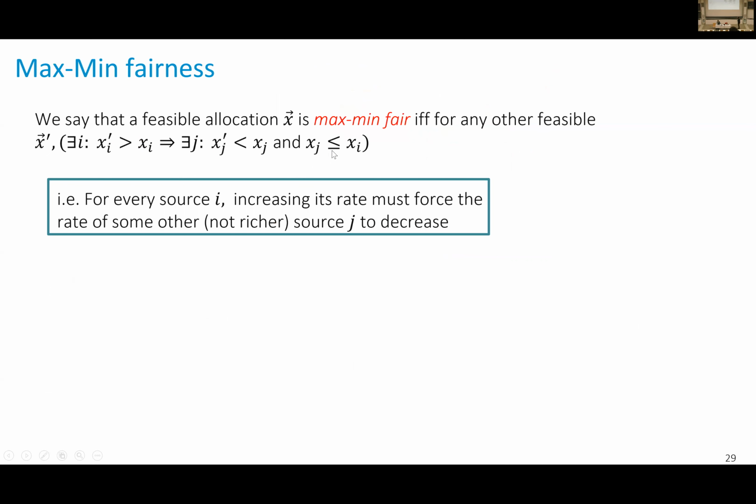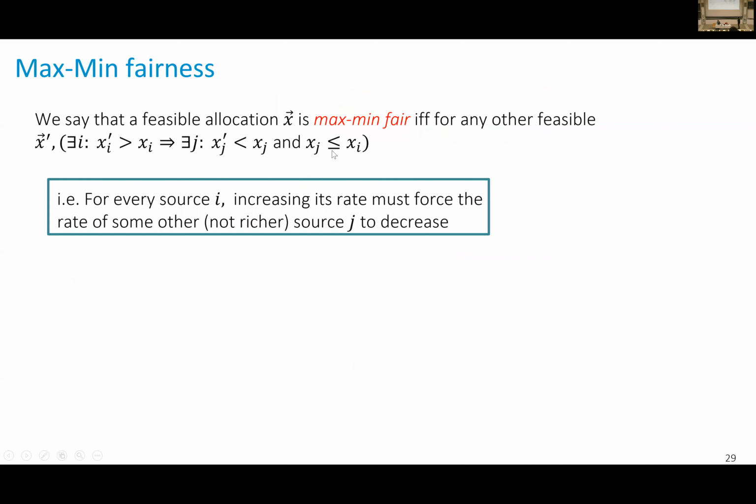So let's try this on this example. I have this set of sources. At step one, I give the same rate to everyone that maximizes this common rate. That's the exercise we did a few minutes ago. The answer is we give 1 to each of the flows.